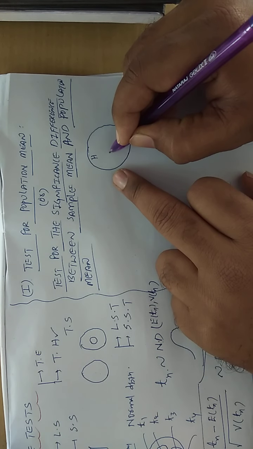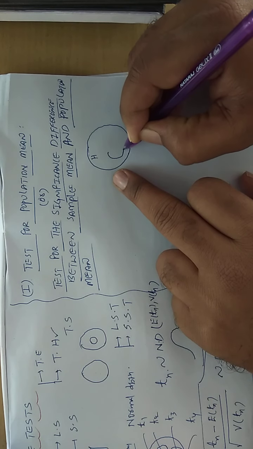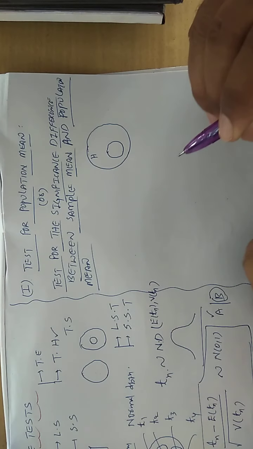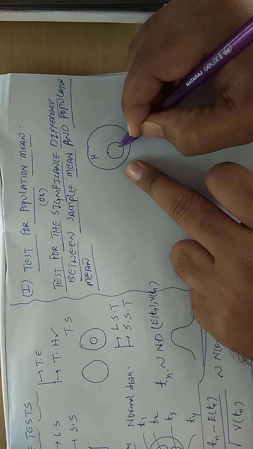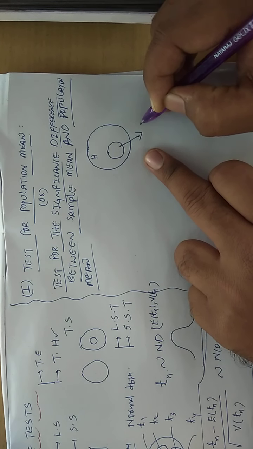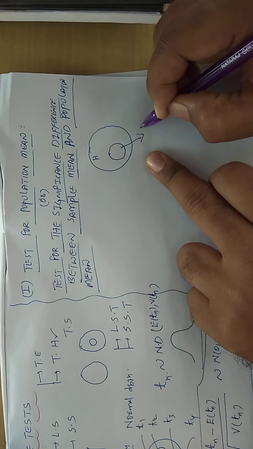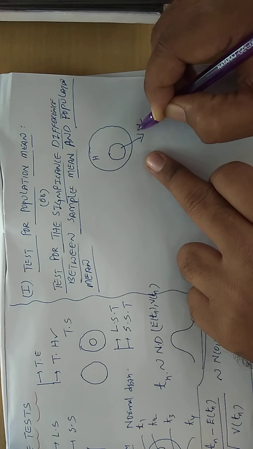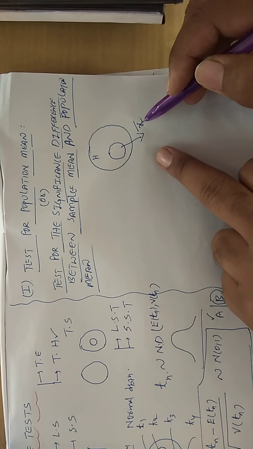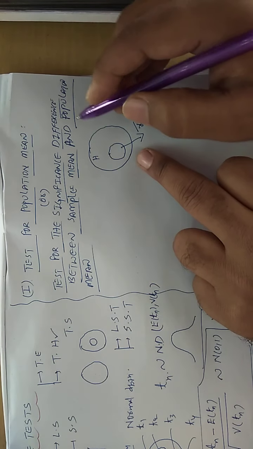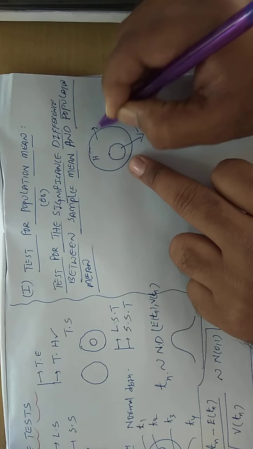Simply, from a particular area, they take a sample. From this sample, let us suppose they calculate on average per month the mean sales.